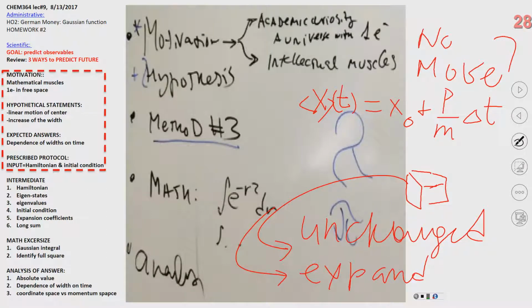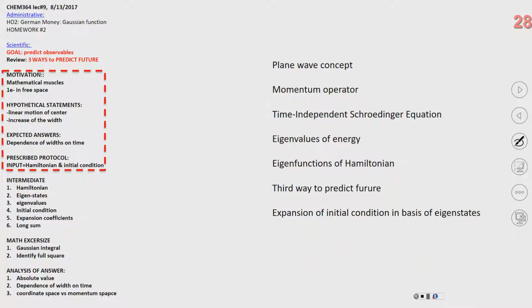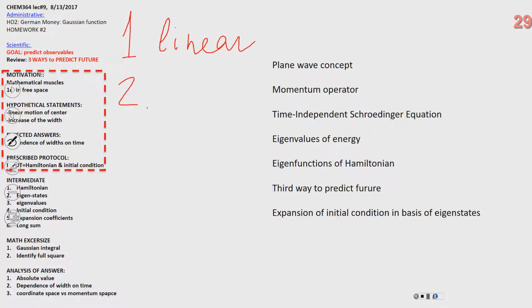So we will set up our exercise to prove right or wrong 2 hypotheses. First, that it moves according to initial velocity, and second, that if you have a distribution of probability of electron to reside at a specific space, the area taken by this distribution will expand.